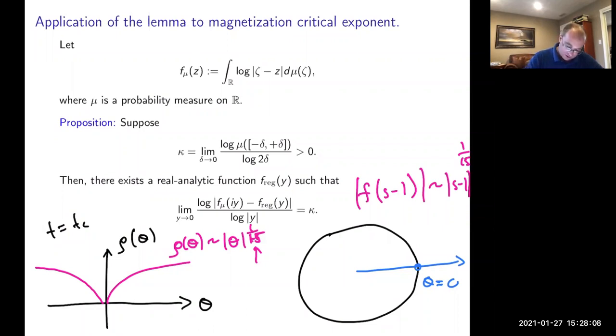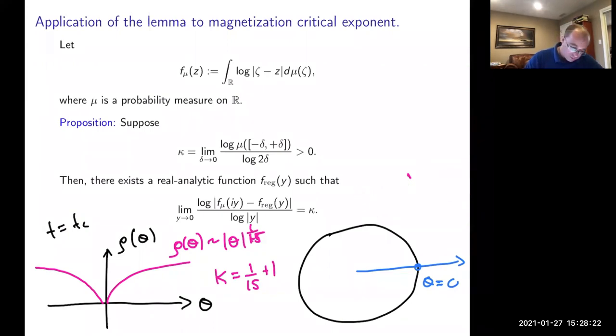And so the pointwise dimension here would be kappa equal to 1/15th plus 1 because that's the density. So 1 plus 1/15th. Let me clean that up, I'm sorry. F of S minus 1 should be like S minus 1 to the 1 plus 1/15th.